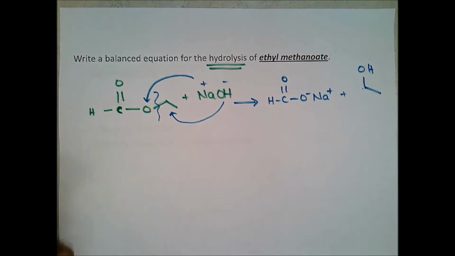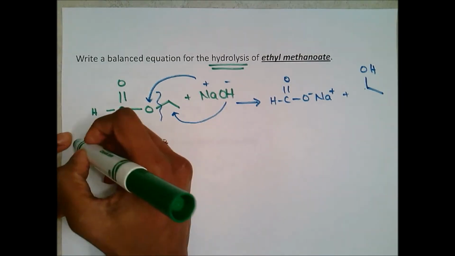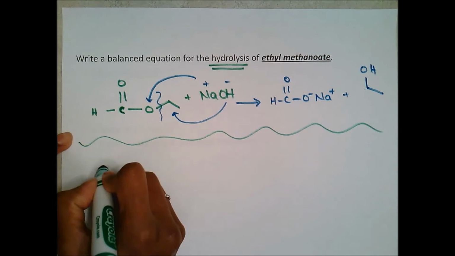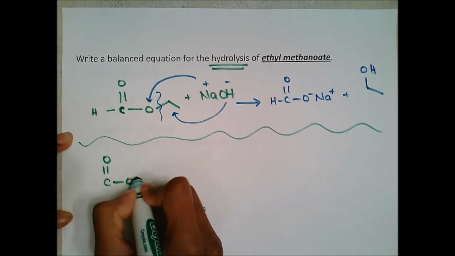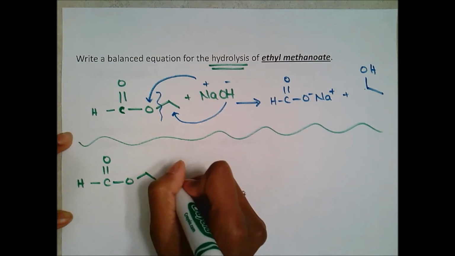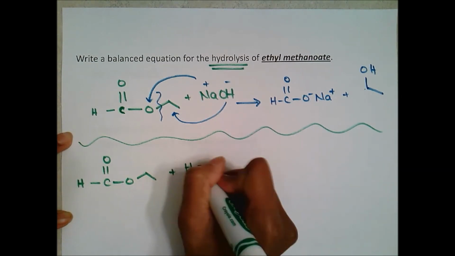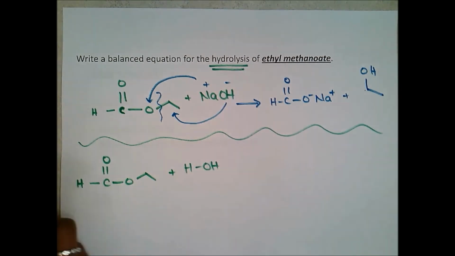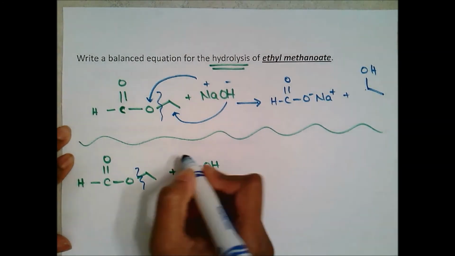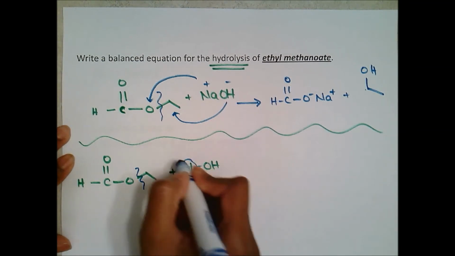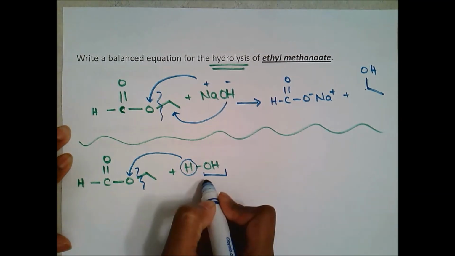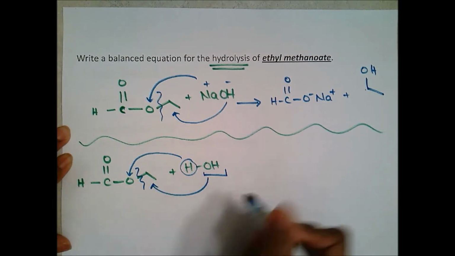If you chose instead to do water hydrolysis, that's fine. I'm going to draw the same reactant here. If I instead decided to react it with water for hydrolysis, HOH, the same idea is that your bond gets broken, your hydrogen gets added to this to make our carboxylic acid, and the hydroxyl gets added to this side right here.